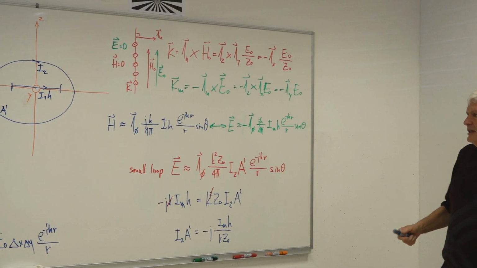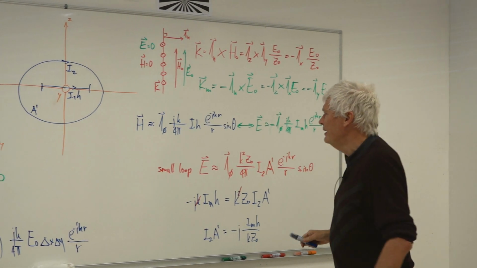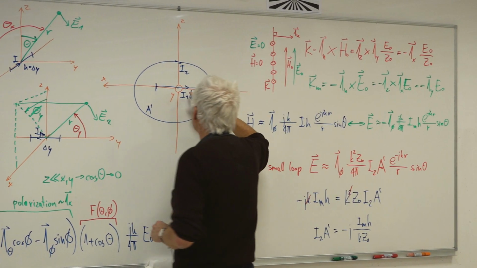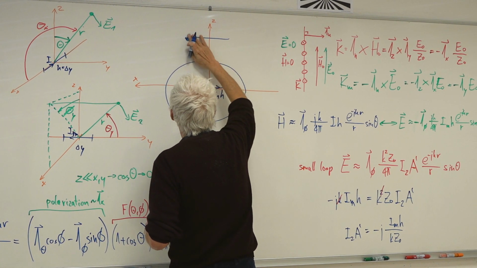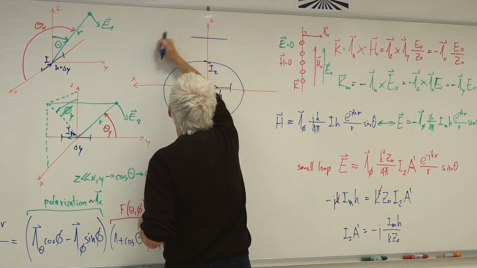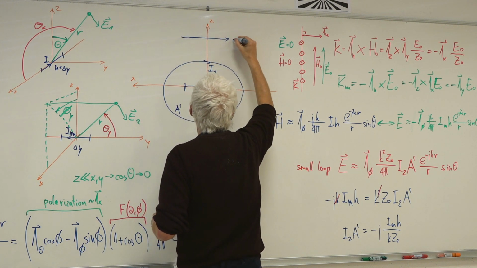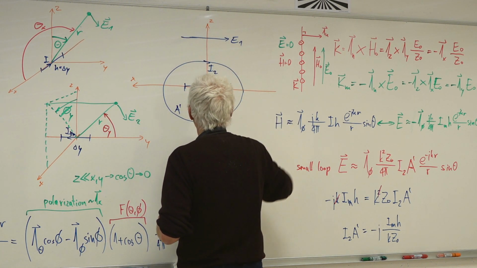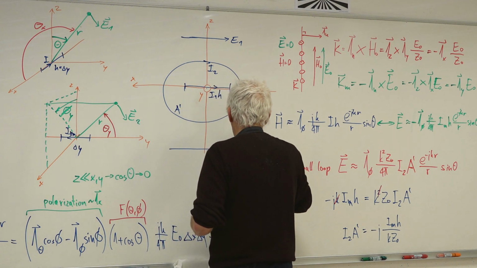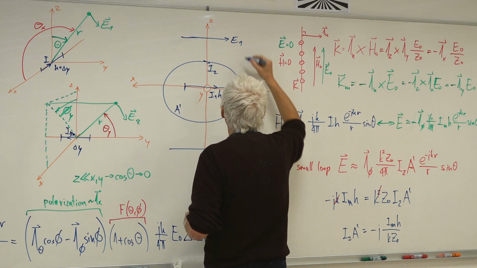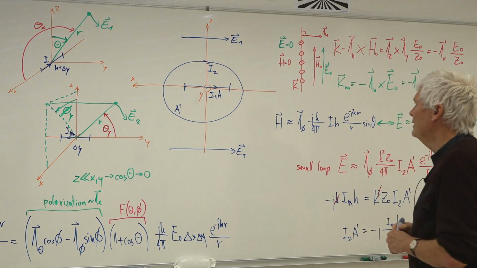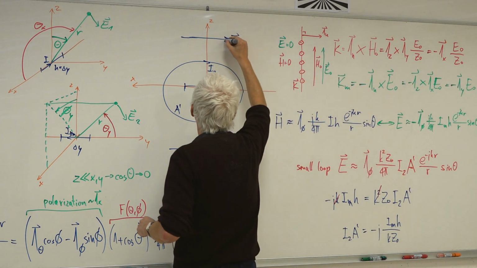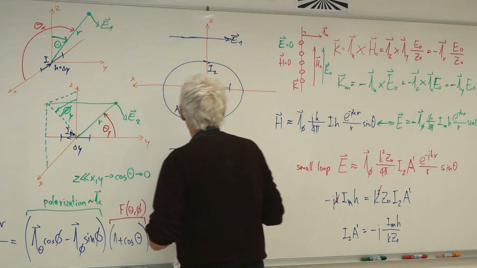But what do these two do? So this one, I1, generates E1, and E1 points here, and E1 also points here, on both sides of the current element. They should also be the same length. Sorry, I didn't draw them separately.